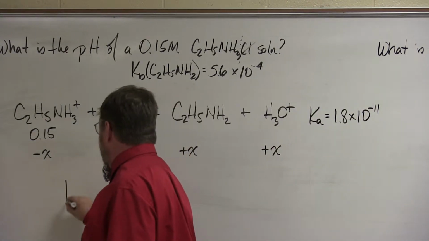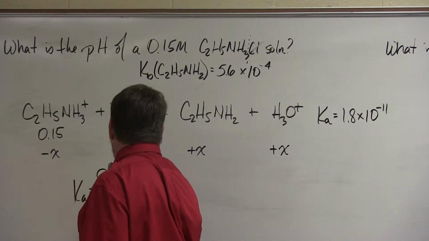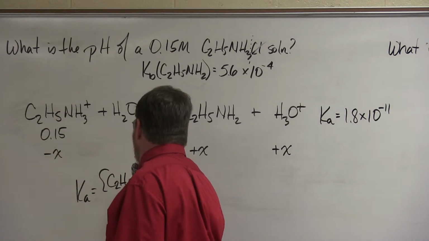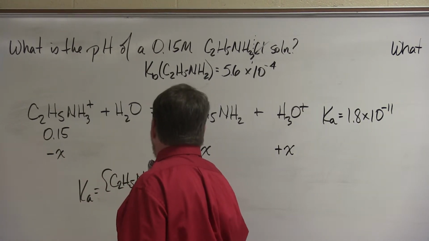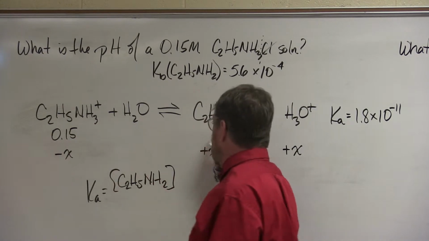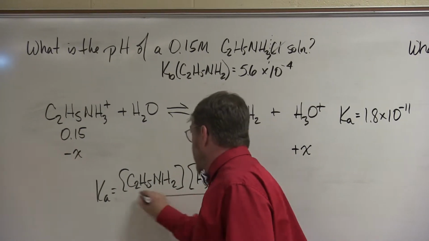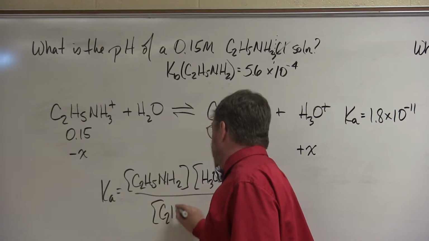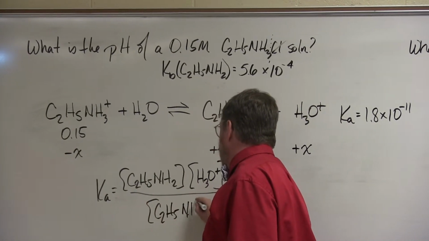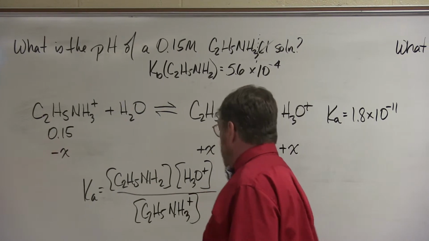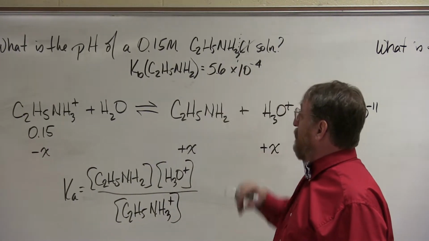Ka is going to be equal to, and let's write this out, the C2H5NH2 concentration times the hydronium concentration divided by C2H5NH3 plus, the original conjugate acid in the salt.